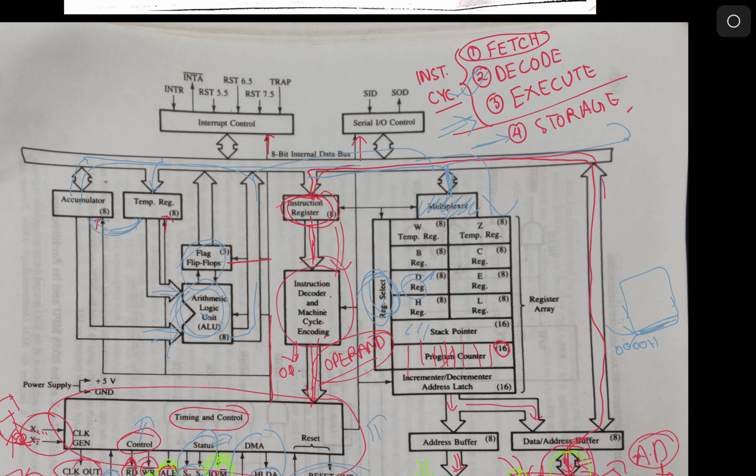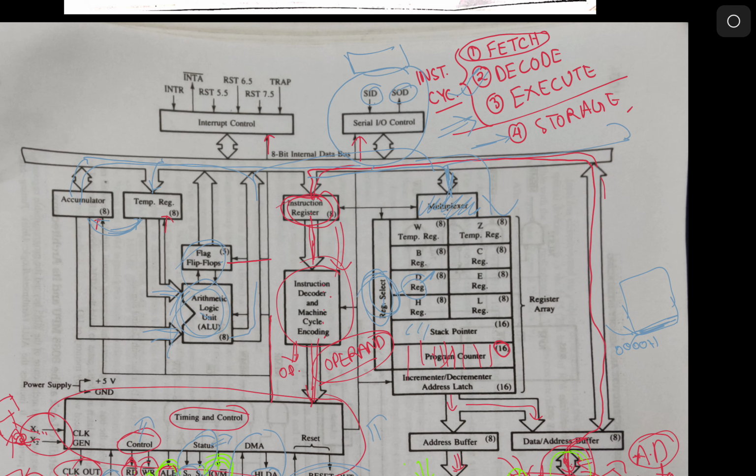Okay, and then we have this block, serial I/O control, and this block is used to transfer data between the CPU and some external devices serially. Okay, this is for serial data transfer.